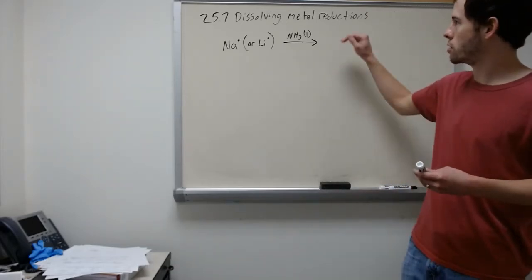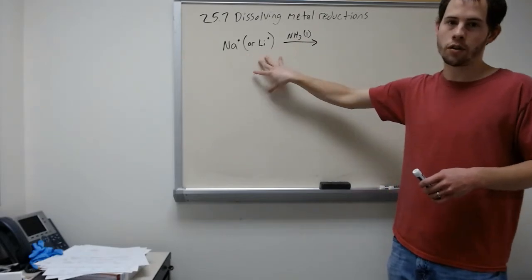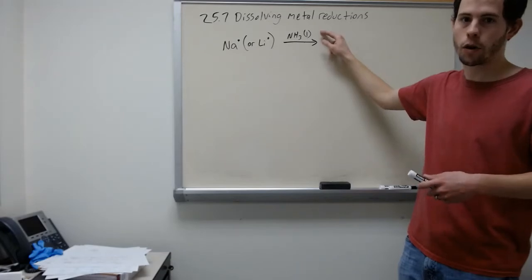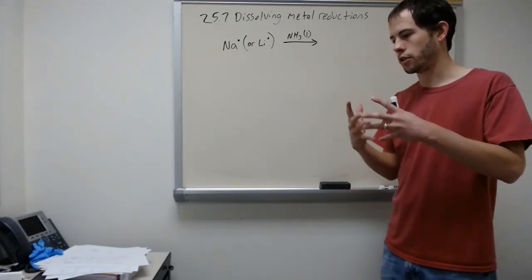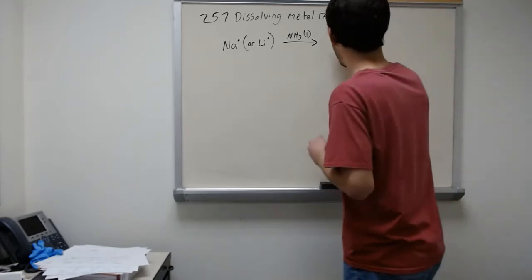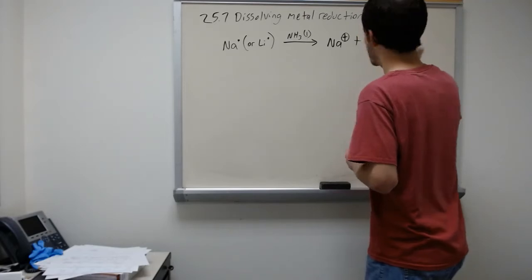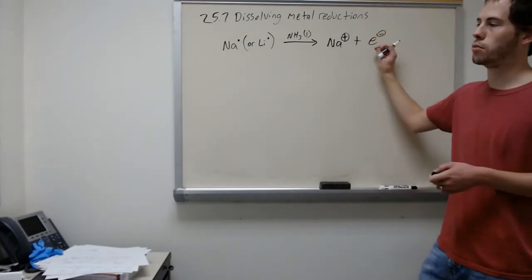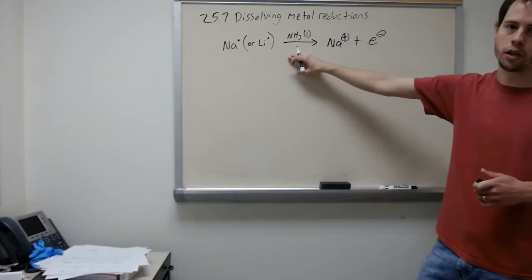So we can do what's called a dissolving metal reduction, and we take sodium metal or lithium metal, put it in liquid ammonia, so that's what this L is here for, and that ammonia takes that electron away, and so we end up with Na+ and an electron. And so this electron doesn't belong to the sodium atom anymore, and it doesn't belong to the ammonia either.